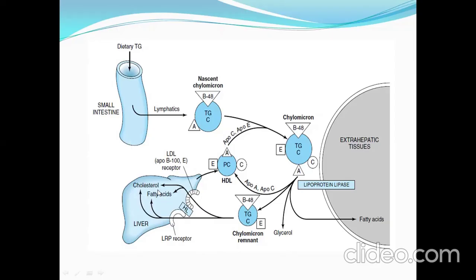Then again from the liver HDL is released, and like that the metabolism occurs. So this is the exogenous pathway of lipoprotein metabolism, or we can also call it chylomicron metabolism. Like that, chylomicron is synthesized and further broken down.